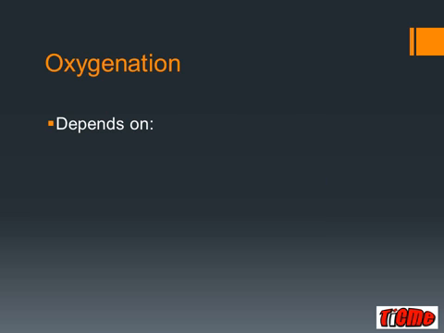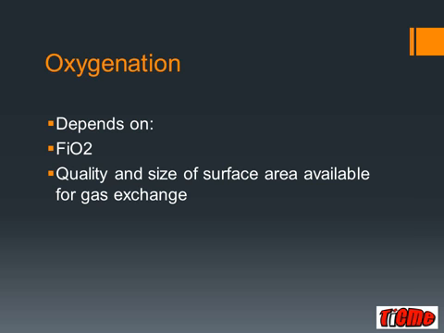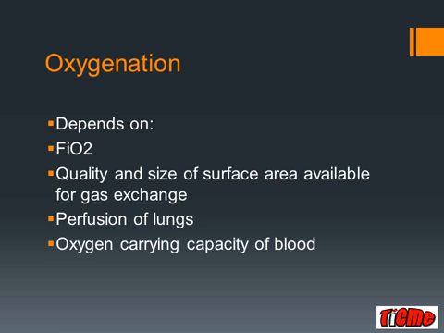Oxygenation, as we said, was more complex. It depends on lots of factors, such as the inspired oxygen concentration, the quality and size of surface area available for gas exchange, the amount of perfusion of your lungs in the presence of any shunts, the oxygen carrying capacity of your blood, such as your hemoglobin, and the tissue perfusion at your end organ for oxygen delivery to the tissues.